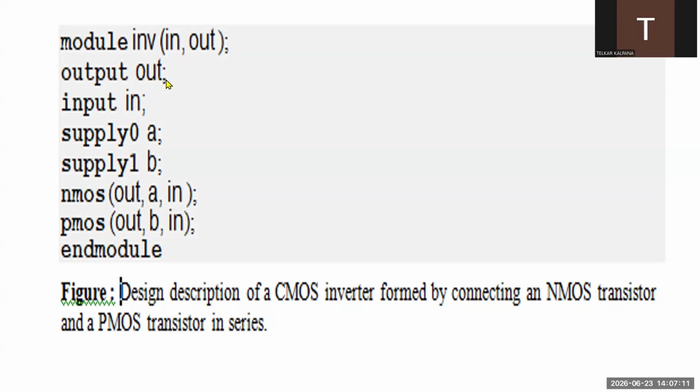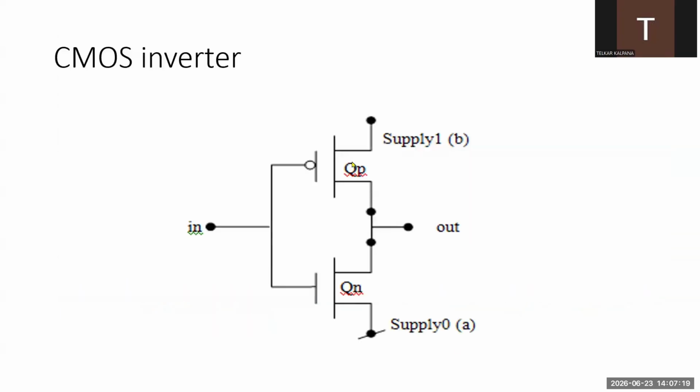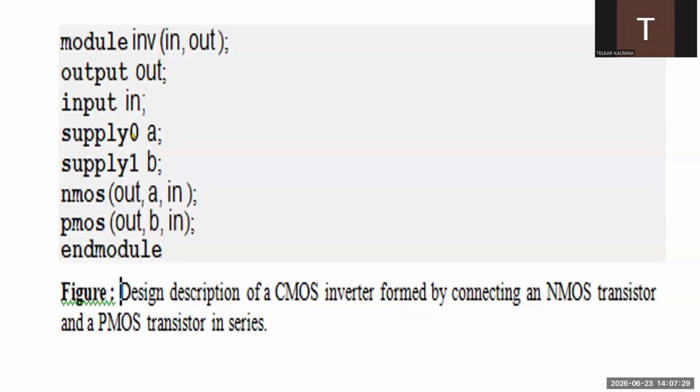A and B are the nets here. A is a net that is connected to supply 0 and B is another net that is connected to supply 1.